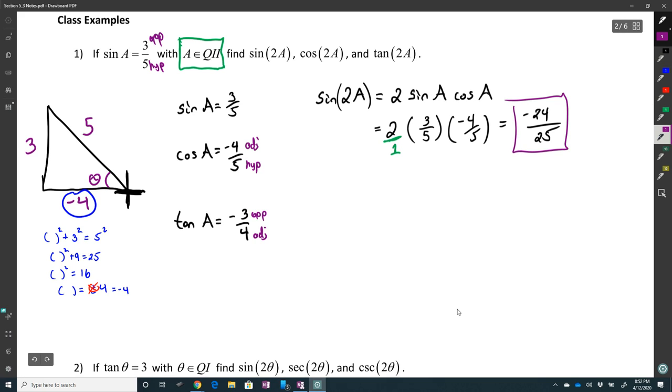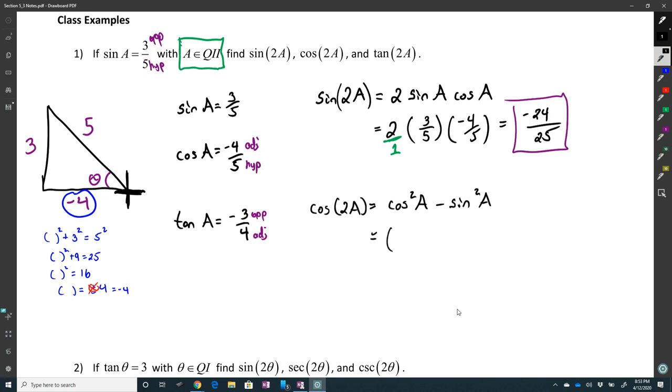Now I'm going to do cosine. Cosine of 2A is just cosine squared A minus sine squared A. I can use any of the three formulas I want; I just chose cosine squared minus sine squared.